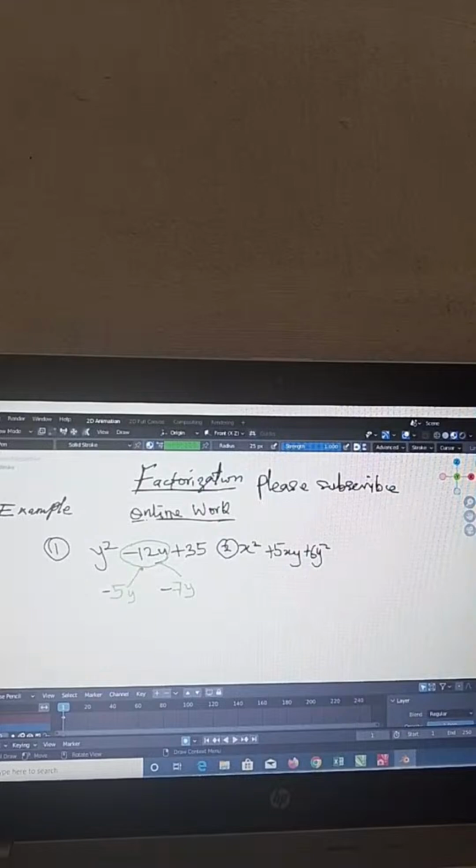Then you replace minus 12y with minus 5y and minus 7y. That is, you have y squared minus 5y minus 7y plus 35. I hope you're following.